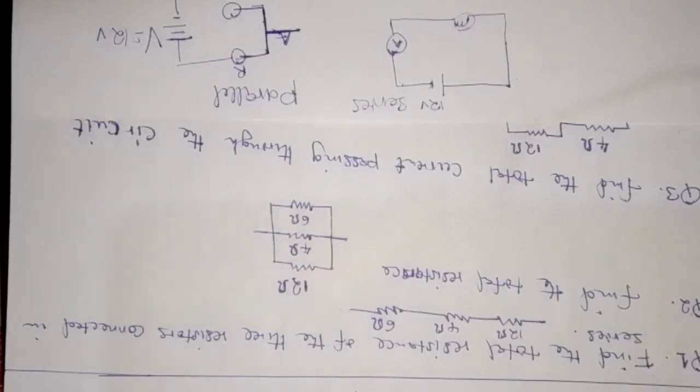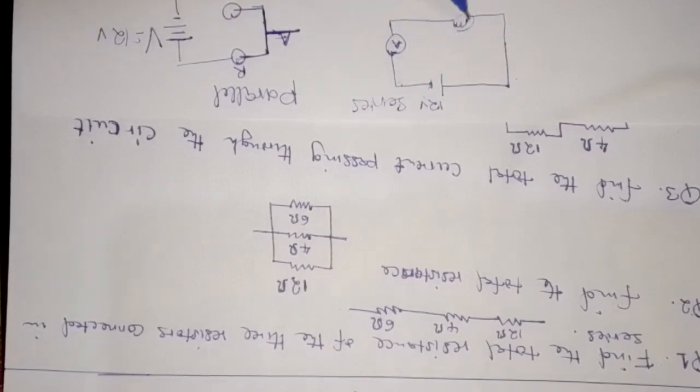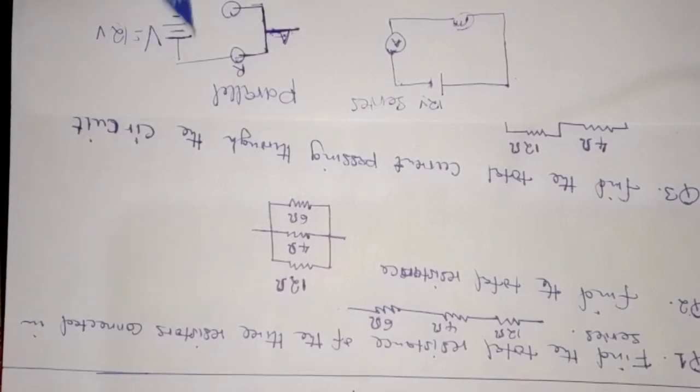So when the circuit is connected in series, voltage is not the same at any point, but current is the same since current is not shared. But in parallel, current is not the same because it's shared, but voltage remains the same.